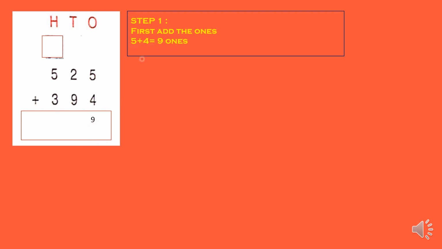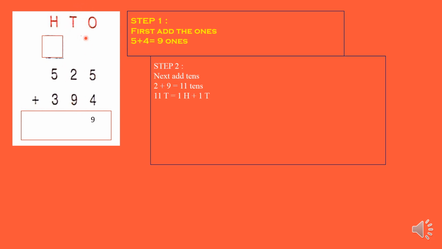Okay. Next, what is the second step, children? The first column we already added. So we have to add the tens column digits. Here they have given two numbers, 2 and 9. Which number is bigger, children? 9 is the bigger number.